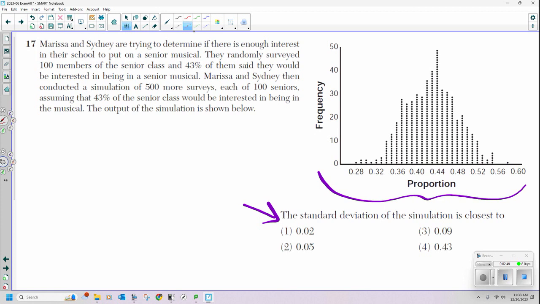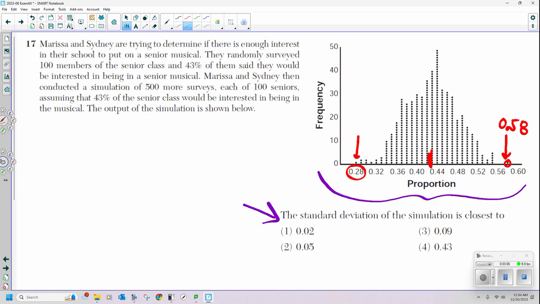The middle is probably right around here. Notice this last dot right here is approximately 0.58. And this dot here looks like it's right in the middle of 0.28.